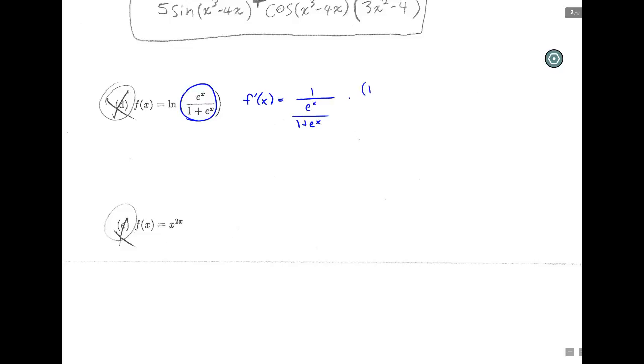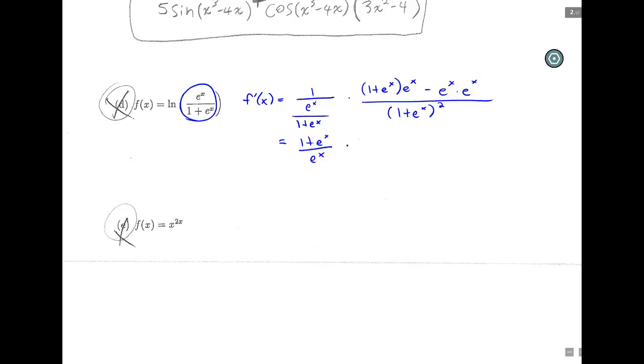So 1 plus e to the x times the derivative of the top, which is e to the x, minus top times the derivative of the bottom, which is e to the x, all over 1 plus e to the x squared. So now we want to simplify this. Well, this is just going to flip.